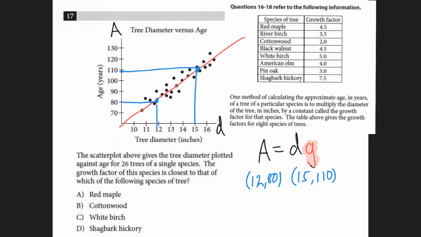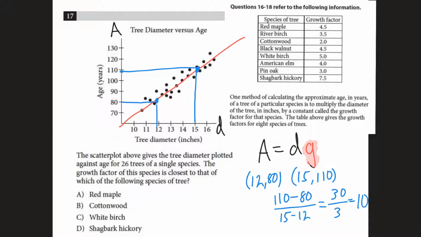So we're looking for the slope of this line, the rate of change. That's going to be 110 minus 80 over 15 minus 12. 110 minus 80 is 30, and 15 minus 12 is 3. So we're looking at a rate of change of 10.